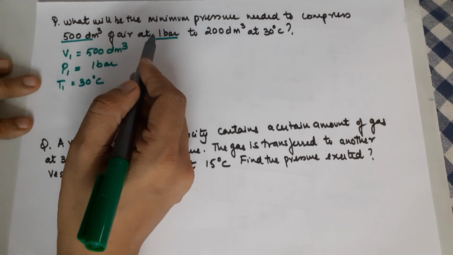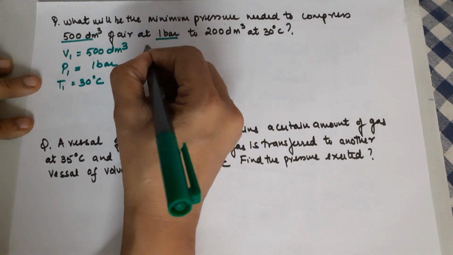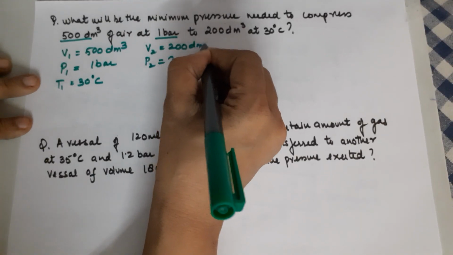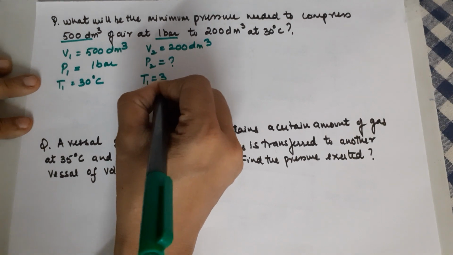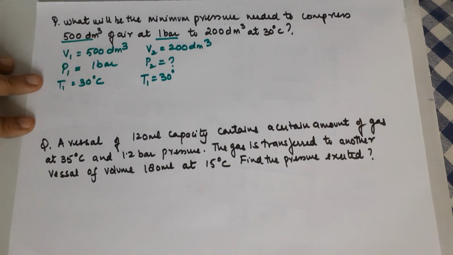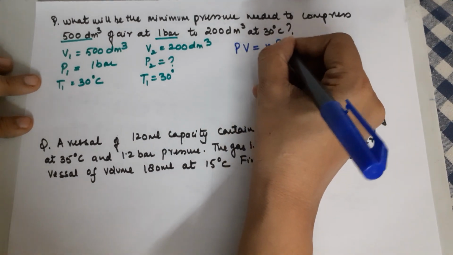Now if you have to change the pressure to P2, and this is to be calculated, when you change the volume to V2, which is given as 20 decimeter cube, the temperature change is not shown, which means temperature remains constant. As I said, all your numericals can be solved from the ideal gas equation. So your PV = nRT.